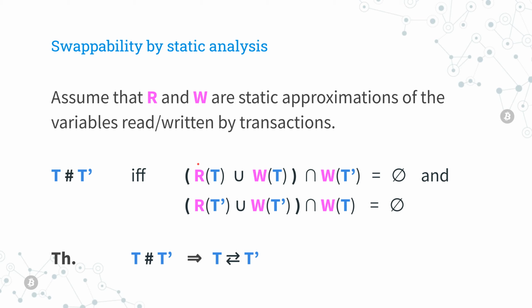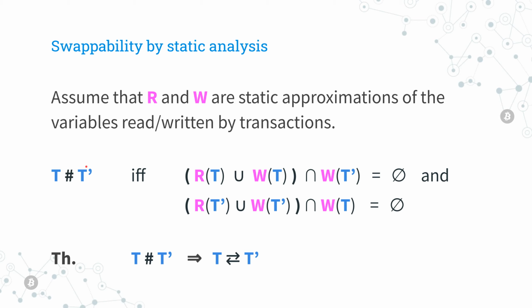The problem with the semantical swappability relation is that it is undecidable, as the contract language is Turing powerful. So we introduce another relation which is based on a static analysis of smart contracts and on Bernstein's conditions for detecting parallelism. Assume that R and W are sound approximations to the set of variables read and written by a transaction.